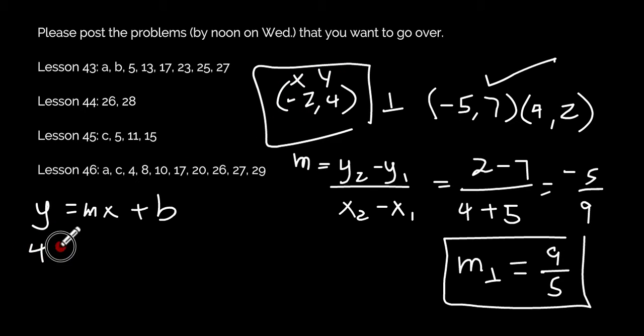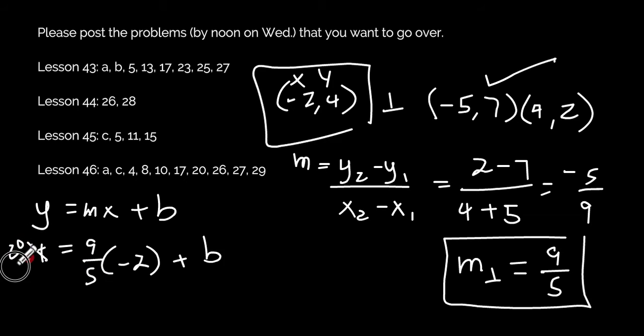So you get 4 equals 9/5 times negative 2 plus b, and that's going to be negative 18/5. This is going to be 20/5, right? So that's going to be 38/5 when you add it. So it'll be positive 18 plus 20 is positive 38/5 equal b.